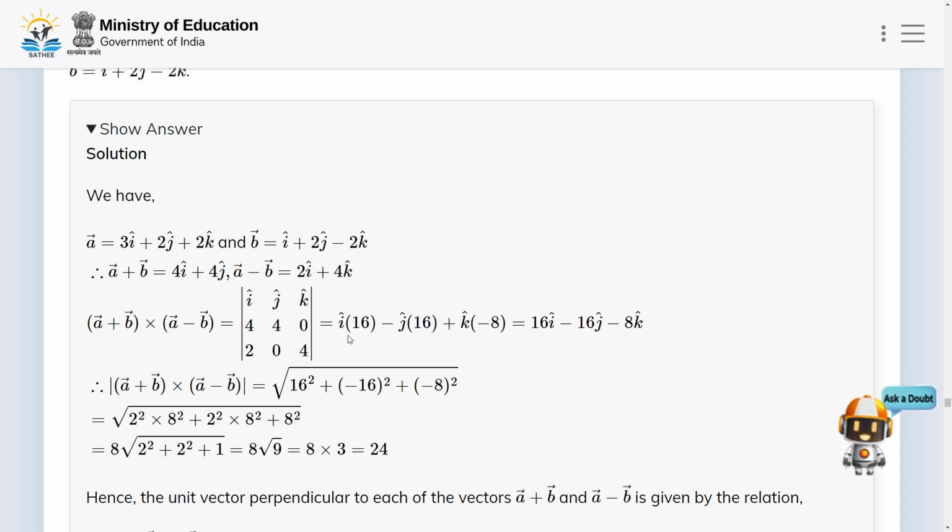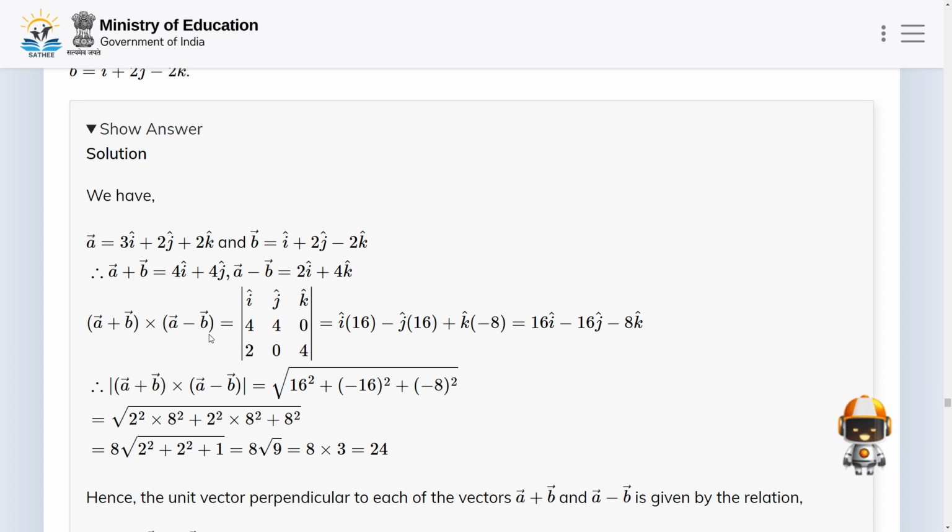Now solving the determinant, you will get 16i hat minus 16j hat minus 8k hat. This vector will be your perpendicular vector to A plus B as well as A minus B.